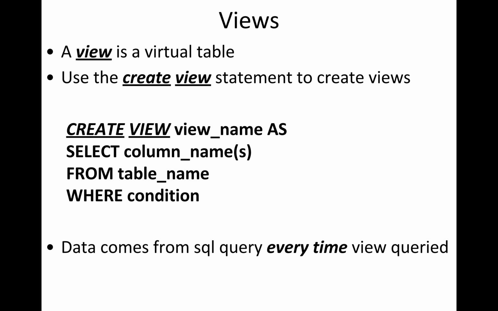Views allow us to create these pseudo, these virtual tables, so that we can treat a temporary query, like a select statement that we might find useful, and then we can reuse it over and over as if it were an actual table.